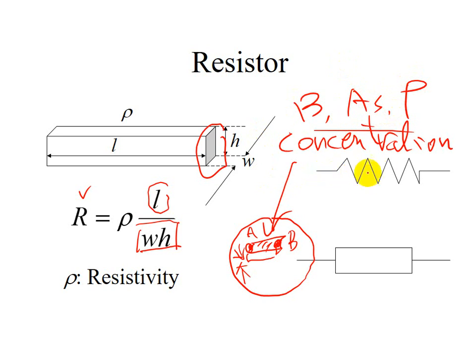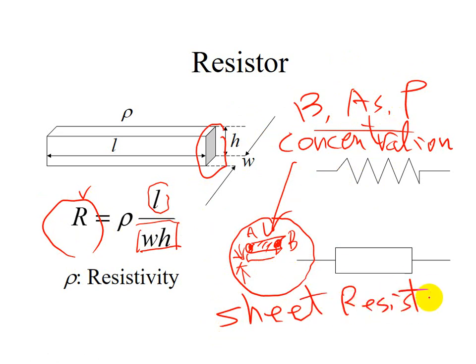The higher the concentration, the better the conductivity, the lower the resistance. And this we call sheet resistance, the sheet resistor for a semiconductor fabrication process.